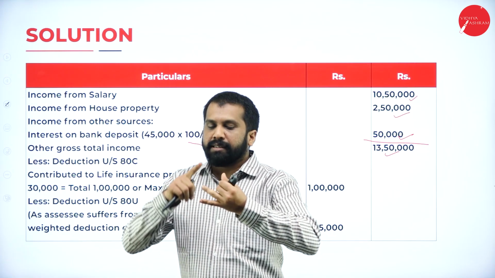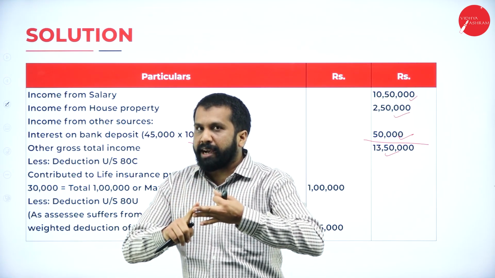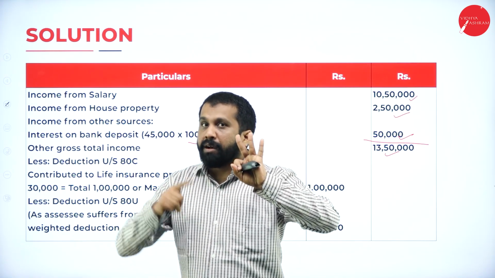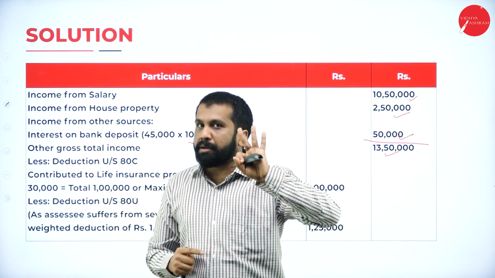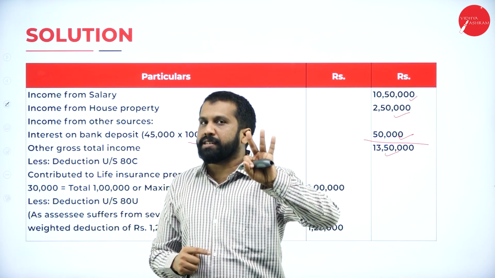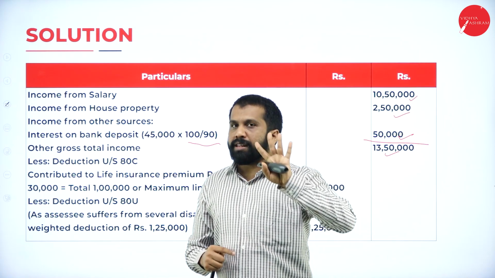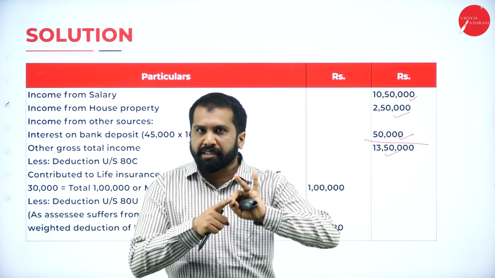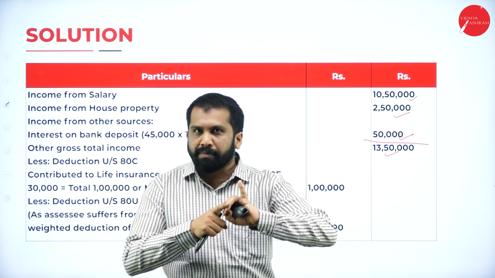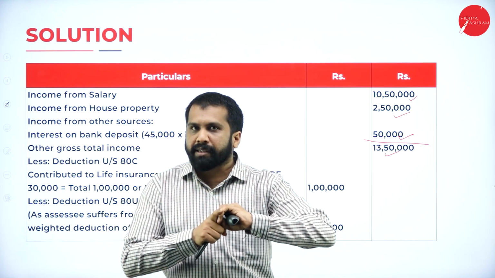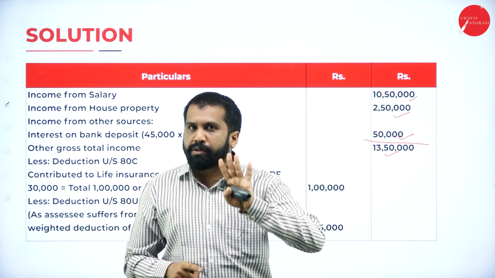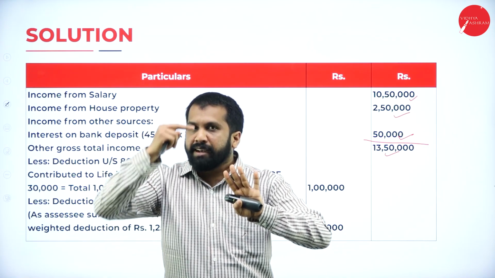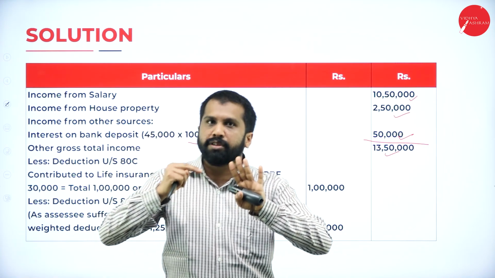Your horse race, lottery, long-term capital gain, these three will come after your deduction. Remember these points always. One more I'll add, casual income. Your horse race, lottery income, casual income, long-term capital gain, these four we have to write after deducting 80C to 80U.